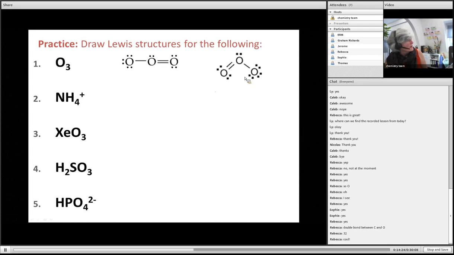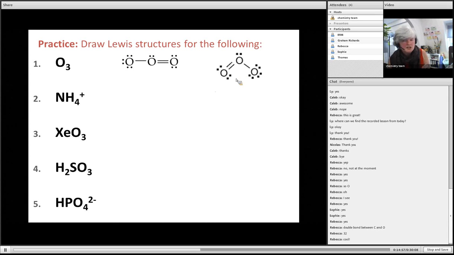You have to have a single bond and a double bond because it needs that to get an octet on each one. If you have just a double bond and a double bond, you're not going to be using up all your valence electrons. So always work out your valence electrons before you start, and then when you've drawn your Lewis structure, count the valence electrons afterwards so that you can check if you've made a mistake or not.